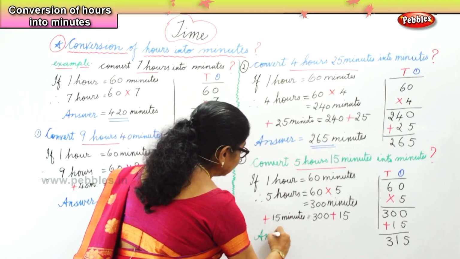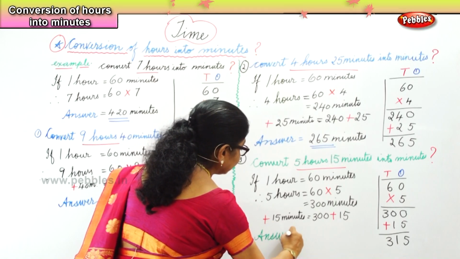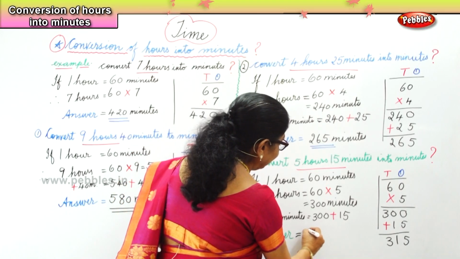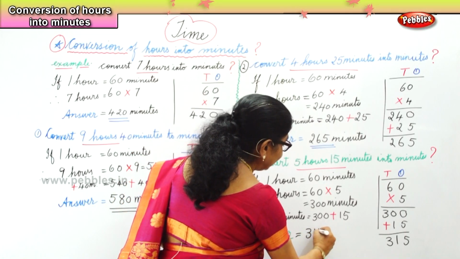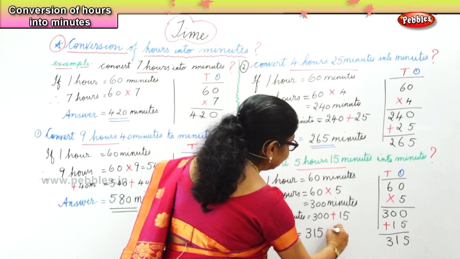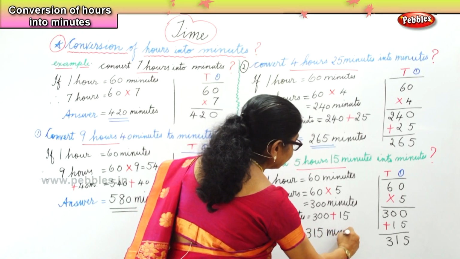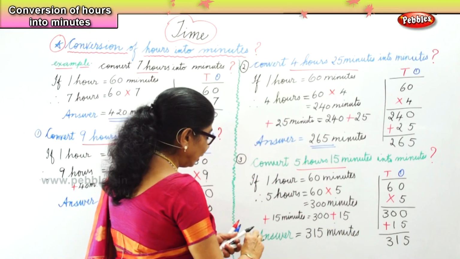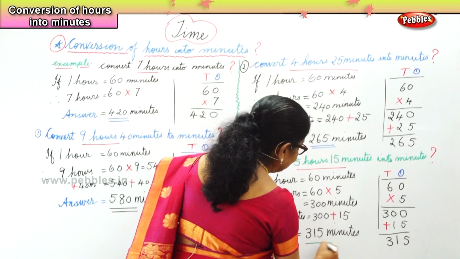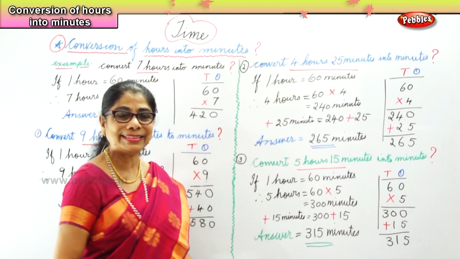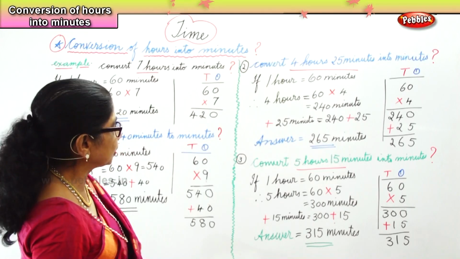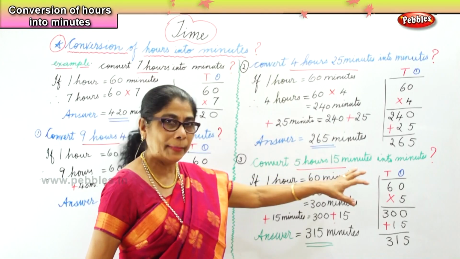So our answer is equal to 315 minutes in 5 hours and 15 minutes. Alright? Now, today what did we learn? We learned to convert hours into minutes.